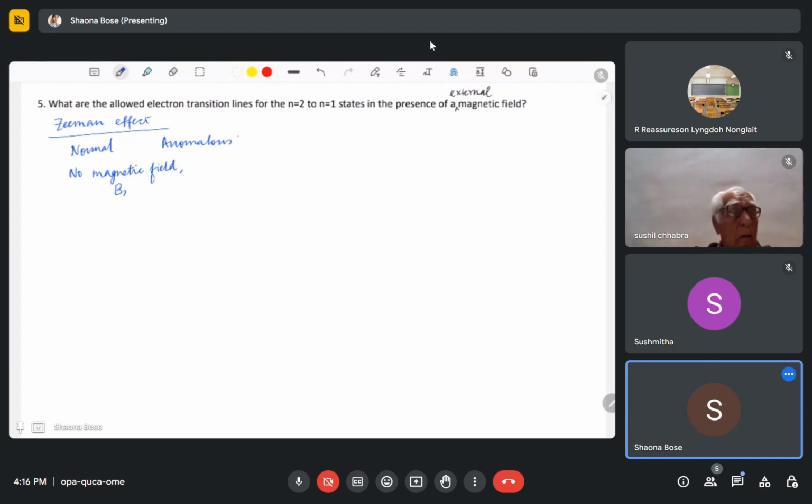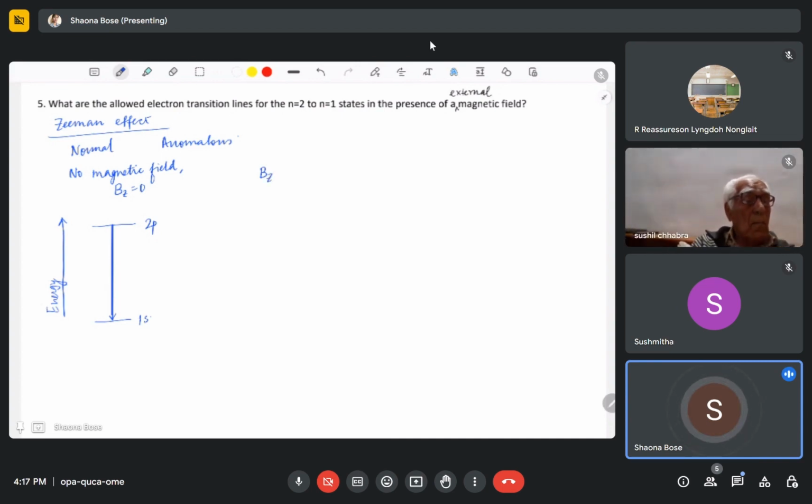So when there is no magnetic field, that means Bz is equal to 0, then it is a 2 to 1 state, right? So this is 2p, say, and this is 1s. So without any magnetic field, there'll just be one transition as expected, from a higher energy state, because as you know, energy is increasing in this direction. So yes, just one line.